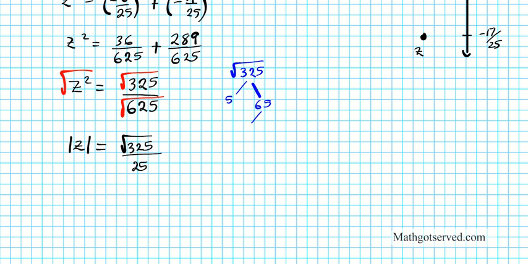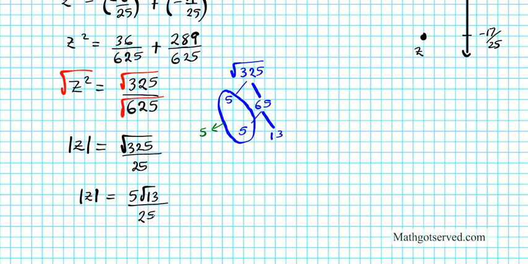This ends with a 5, so I can also extract another 5 as a factor, and 5 goes into 65 13 times. Alright, so these two numbers repeat, so they can come out as just one 5, and then this 13 stays behind. Okay, so absolute value of z is simply going to become 5 root 13 over 25.